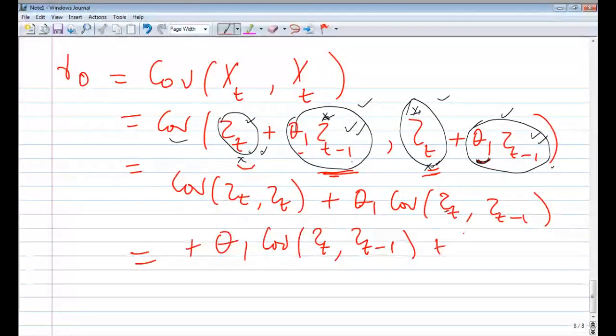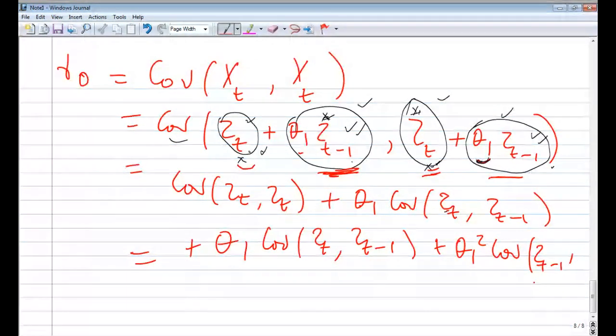Again, then you take the last one, theta 1 Z_{t-1} and theta 1 Z_{t-1}, so it's theta 1 squared, the covariance of Z_{t-1} and Z_{t-1}. Are we together?